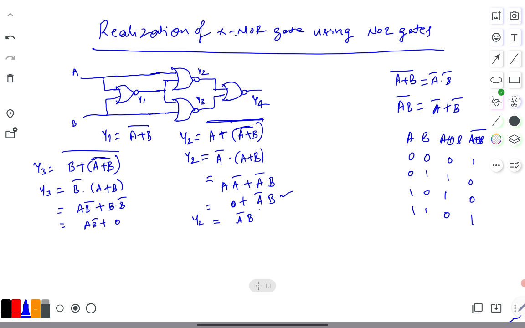B into B bar is 0, so Y3 is equal to A B bar.